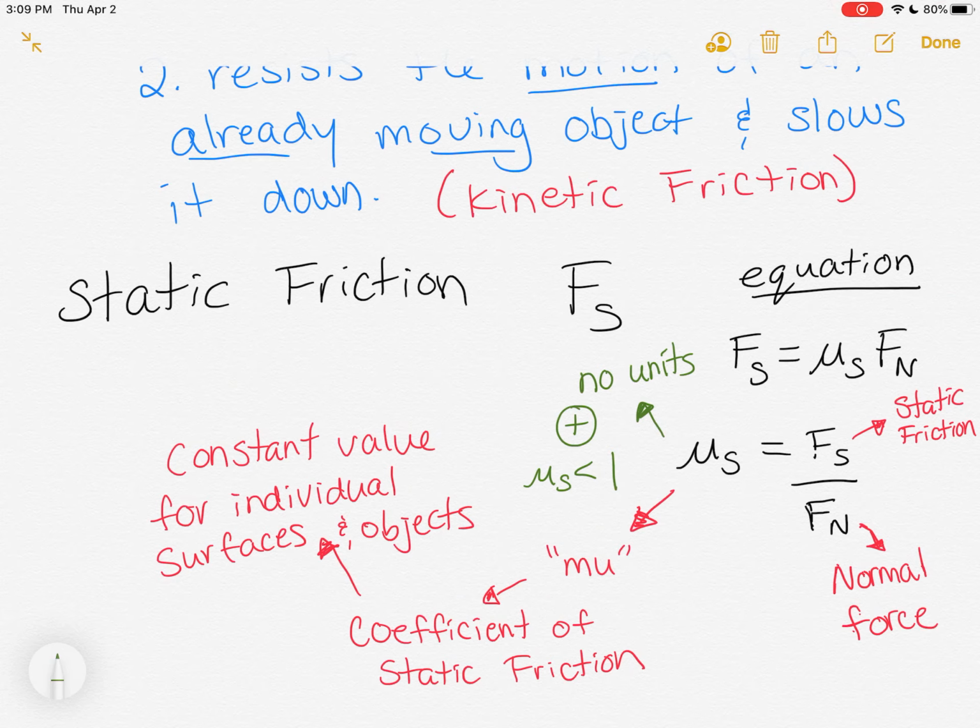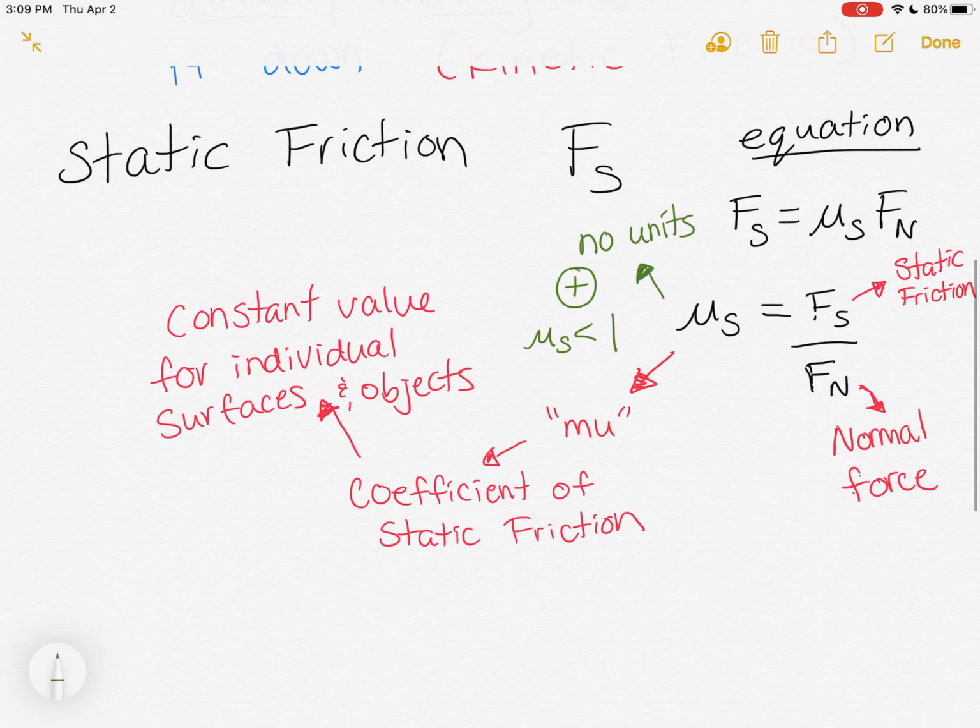So our mu s has no units associated with it. It is always a positive number, so it can never be negative, and it always has to be less than 1. So it is always a decimal value.